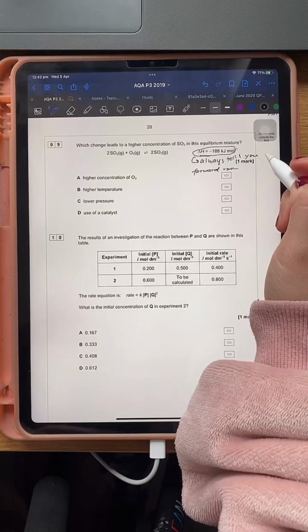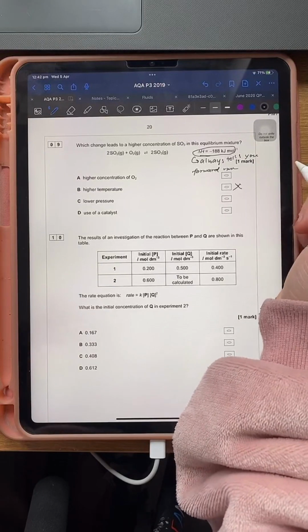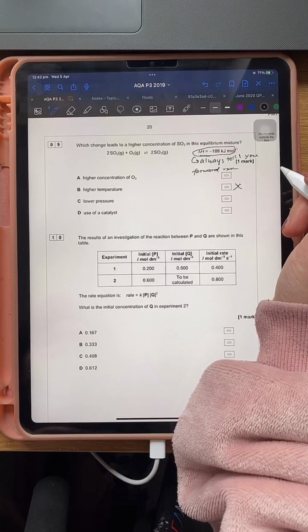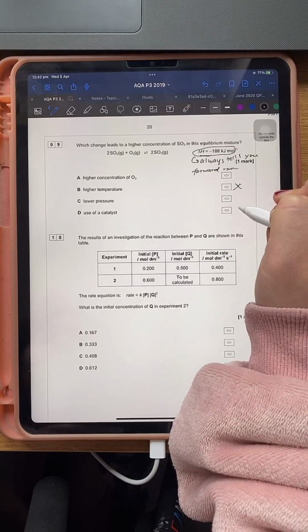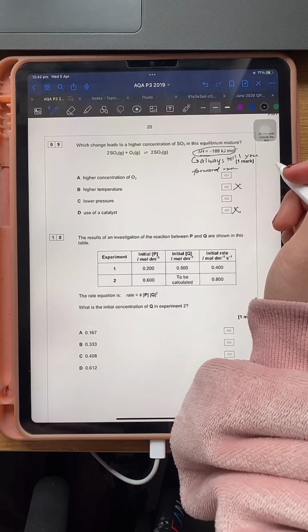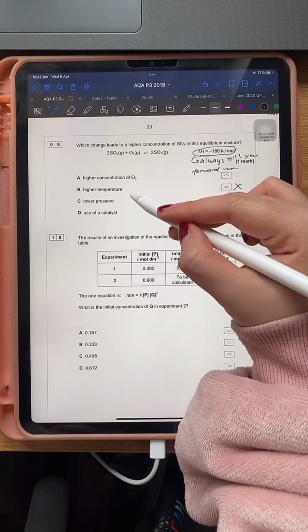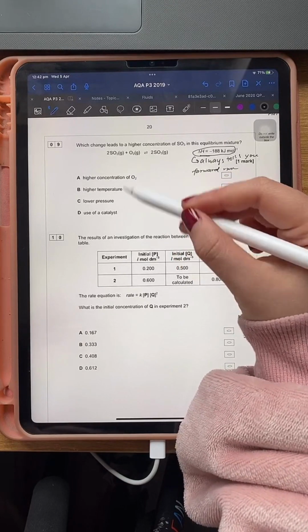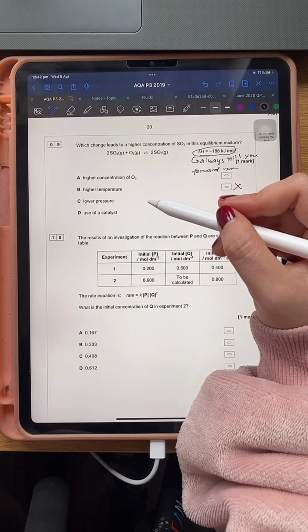So that's wrong. Catalyst will never change equilibrium, so that's not the answer either. Lower pressure, let's check if that's right. If we decrease the pressure, it moves the equilibrium to the side with more moles, so it goes to the left. So that one's wrong. And the answer is A.